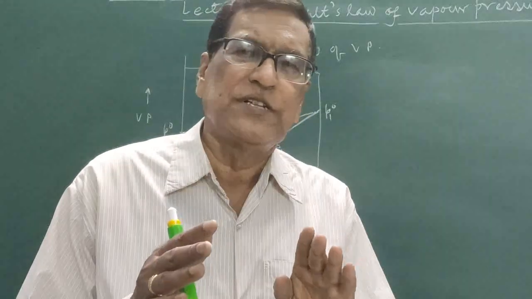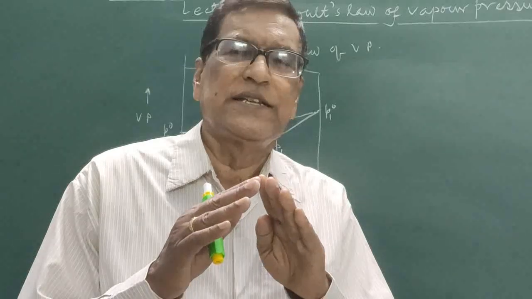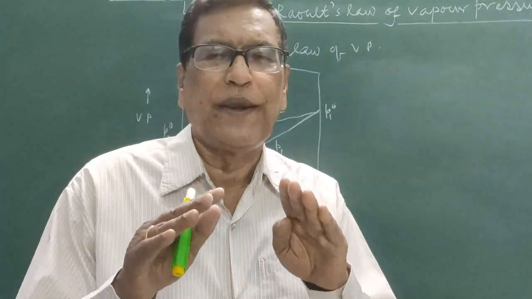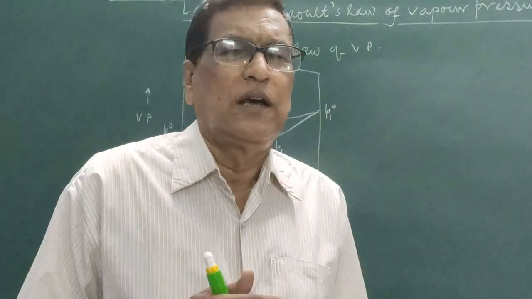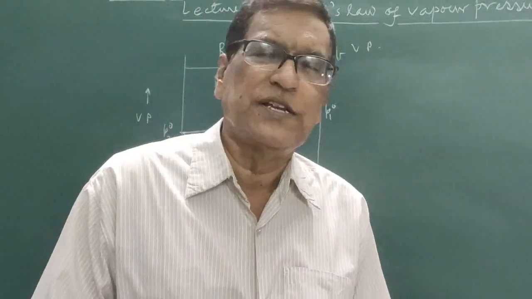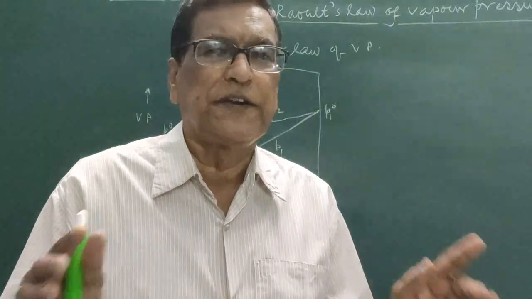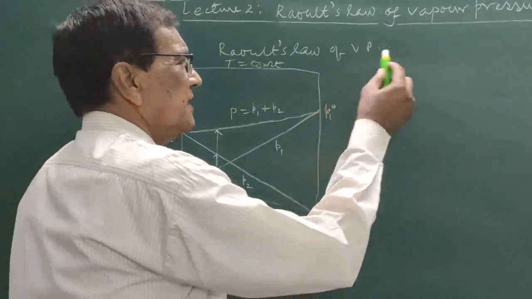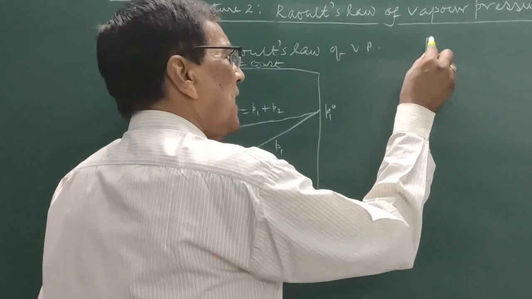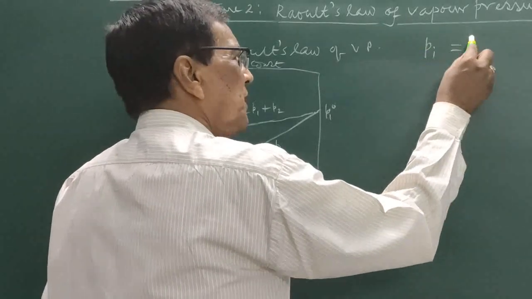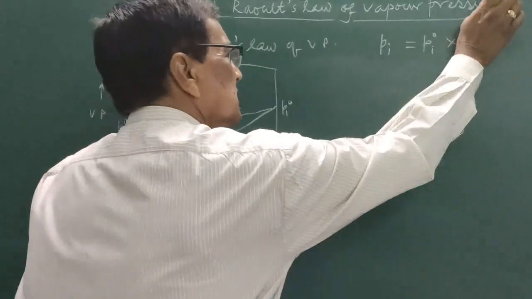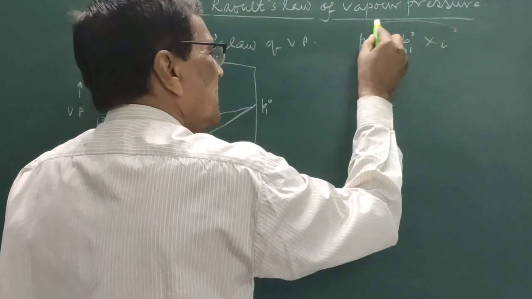An ideal solution is that solution in which Raoult's law is obeyed at all compositions and at all temperatures. So this Raoult's law is Pi for the ith component equal to Pi naught into Xi. This is Raoult's law.